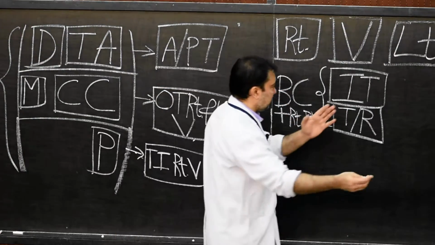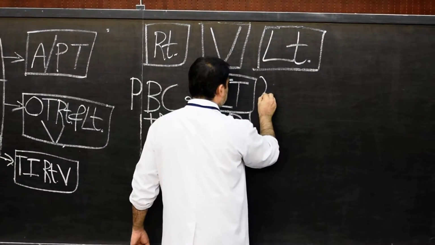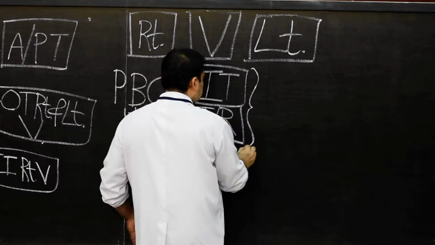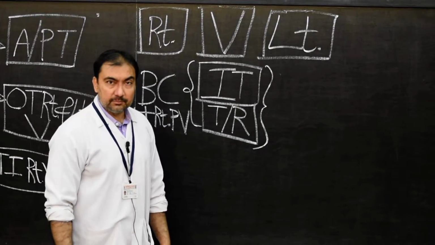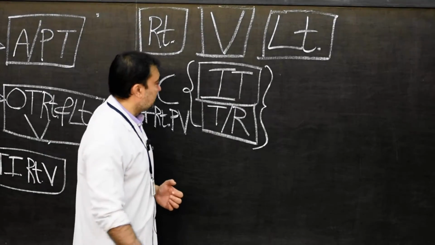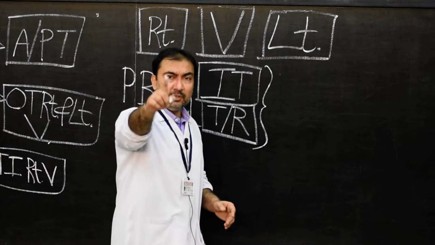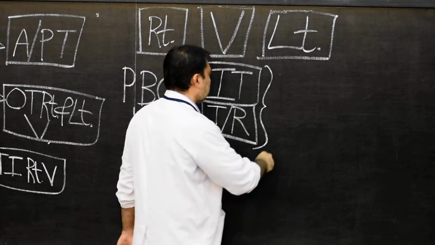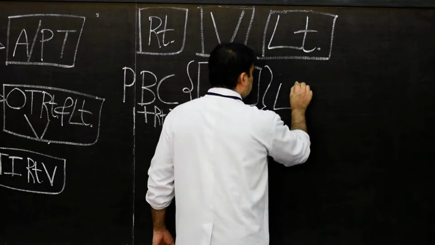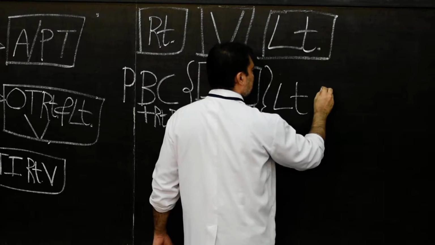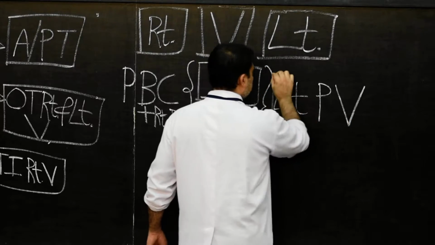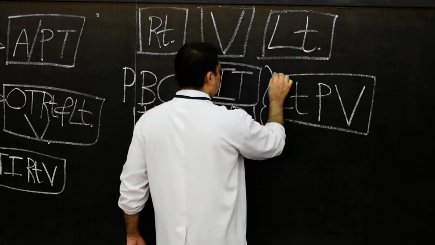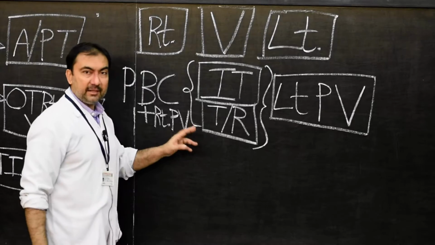Now we go to the left side. Please come on this side. On the left side, this inflow tract, trabeculated rough part or inflow tract of the left ventricle will completely develop from only one source, and that source will be left half of the primitive ventricular chamber.